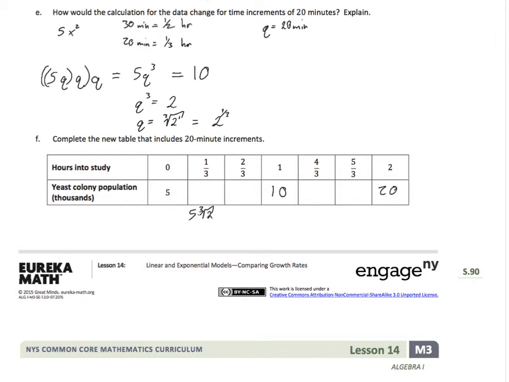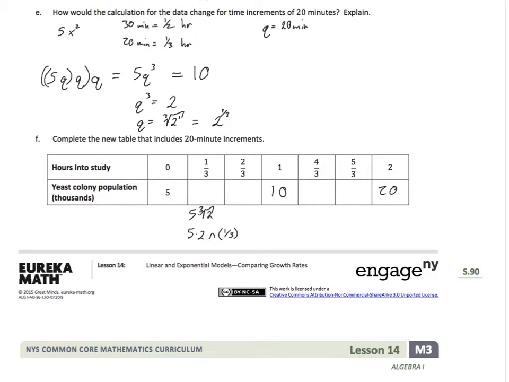So let's just go ahead and figure out this number real quick. So 5 times, and if you have difficulty plugging in this cube root on your calculator, you can just do the same thing as 5 times 2 to the, and on your calculator it'll look like this, caret, and then please use a parentheses, 1 divided by 3.